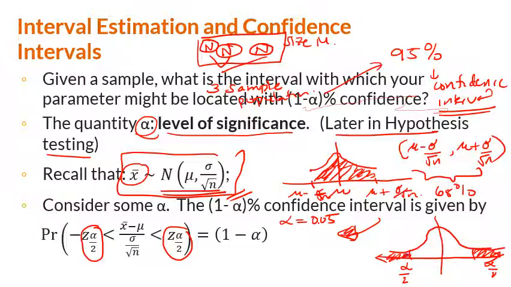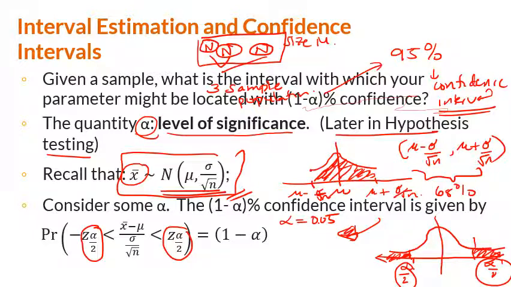So meron kang 2 tails, na ang area ay alpha over 2 and this is also another alpha over 2. So we are interested with the z-score associated with this particular area to the left na alpha over 2 and another z-score to the right na may area na alpha over 2.